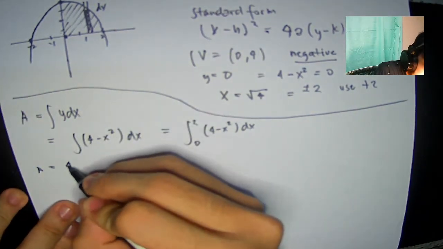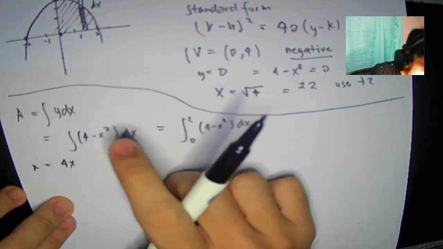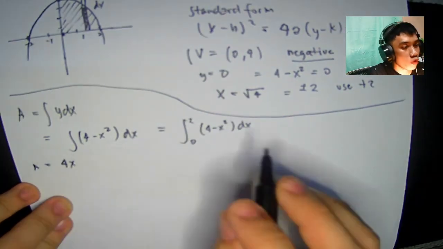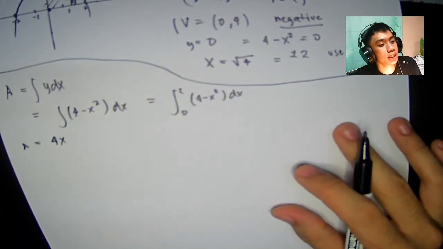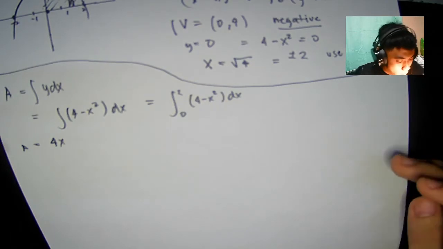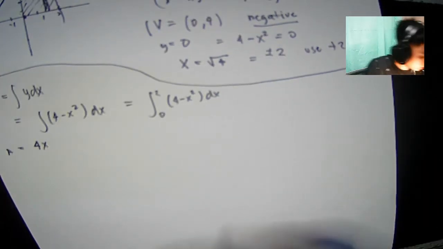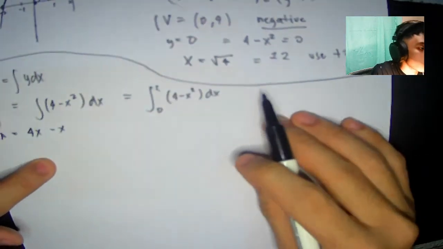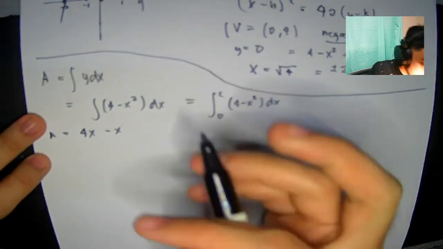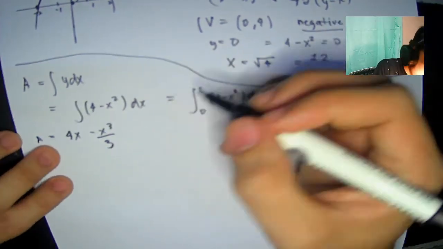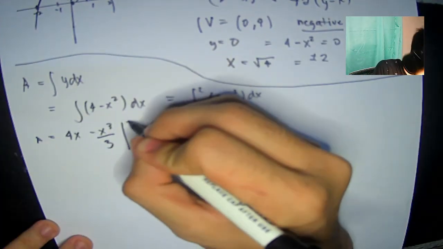We'll have 4x, because we add 1 to the exponent, over 1, but we'll just disregard it because anything divided by 1 is equal to itself. Then minus x, 2 plus 1 is equals to 3, over 3. So our range is 2 to 0.